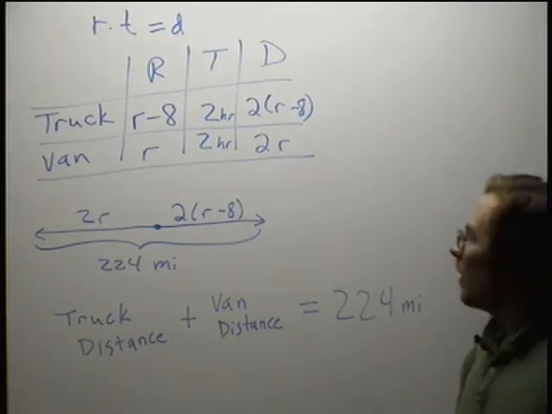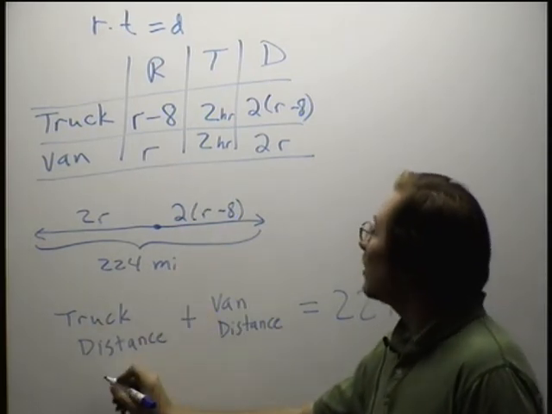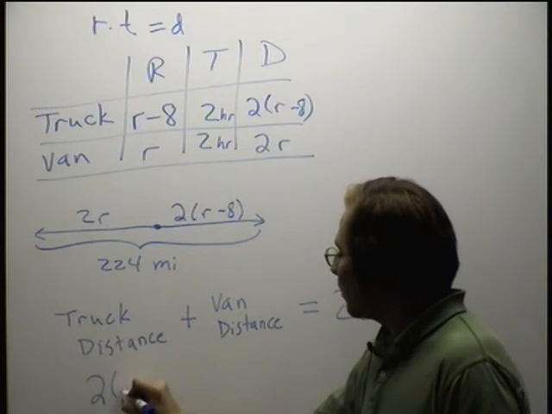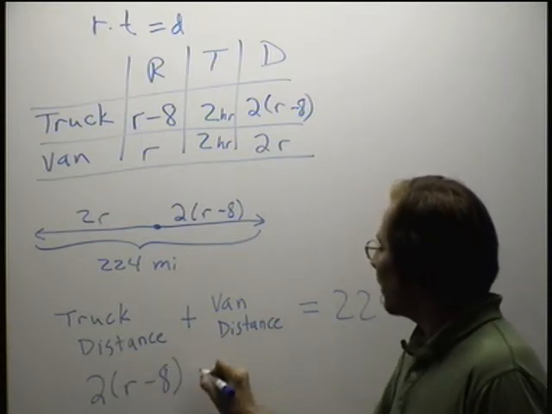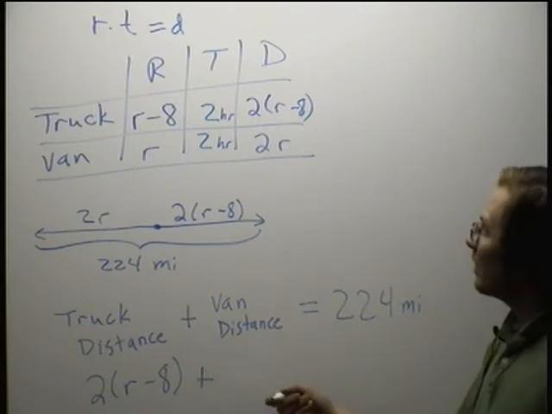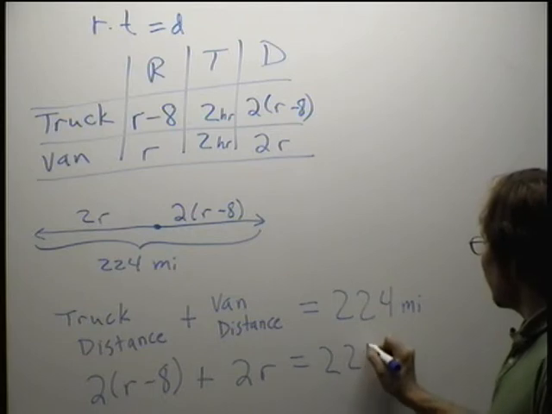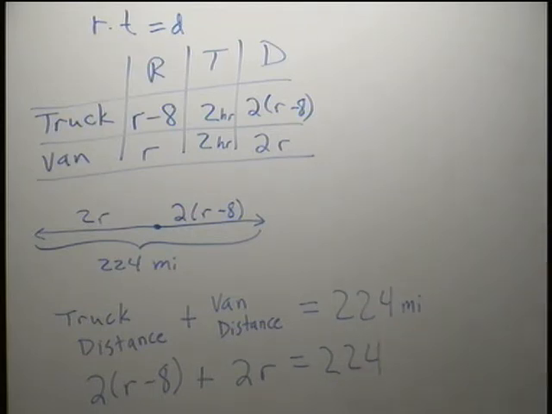And since we know what those are, the truck distance is 2 times the quantity r minus 8. The van distance is 2r. That sum equals 224 miles. Now we solve the equation using algebraic techniques.